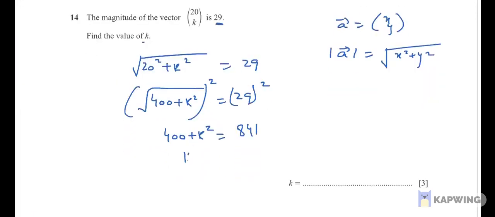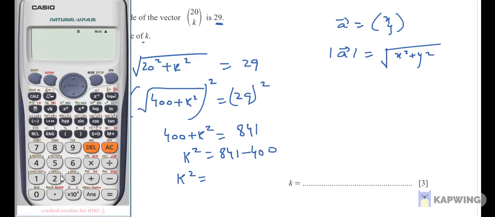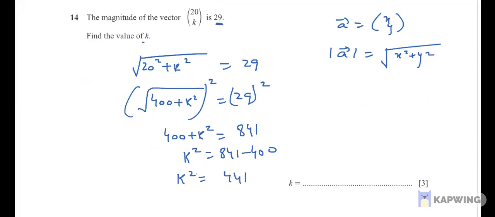So what will k squared be? 841 minus 400, that is going to be 441. To find k, take the square root.